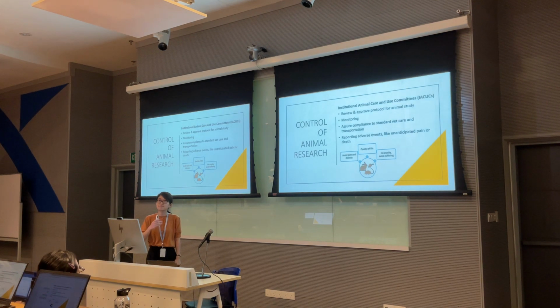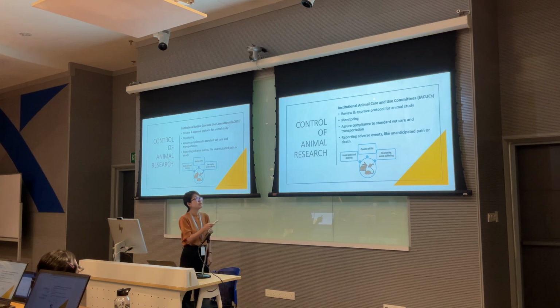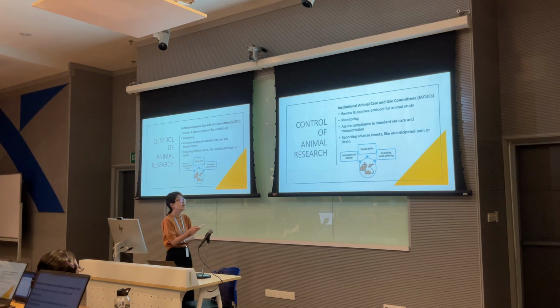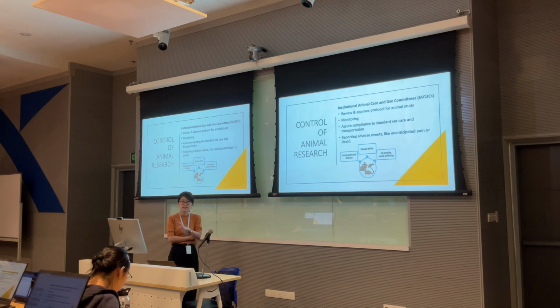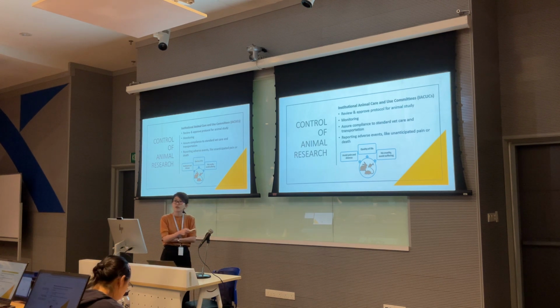So who are the personnel going to do control on animal research? For human research, we have the IRB, right? For animals, the Institutional Animal Care and Use Committee, in short known as the IACUC, also known as the Animal Ethics Research Committee. The Animal Ethics Committee is responsible for speaking on behalf of the animal.